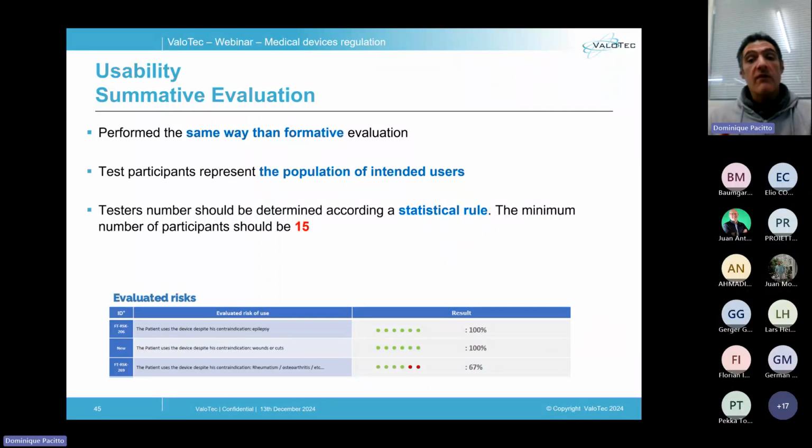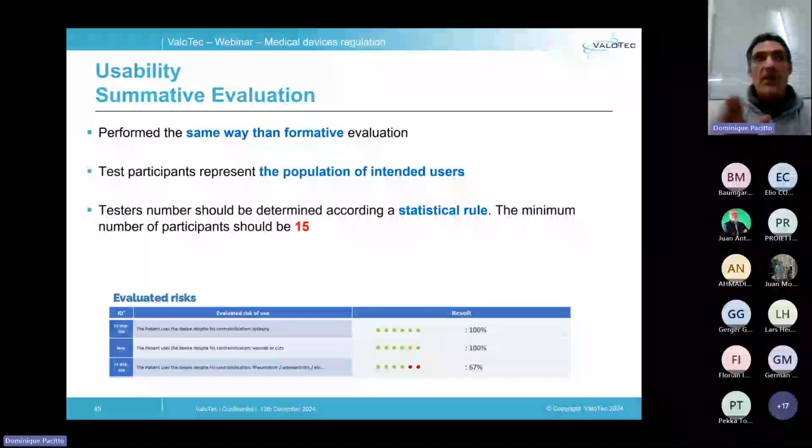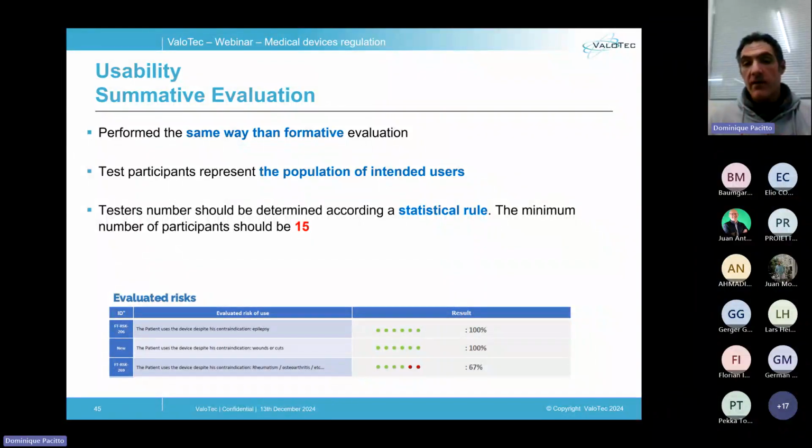For example, if in your risk analysis your notation indicates an occurrence lower than 10%, then your participant population should be sized in consequence. But at least 15 participants are required. Acceptance criteria should be defined to answer the question: is the user interface hazardous or not, and should the user interface be reviewed or not?